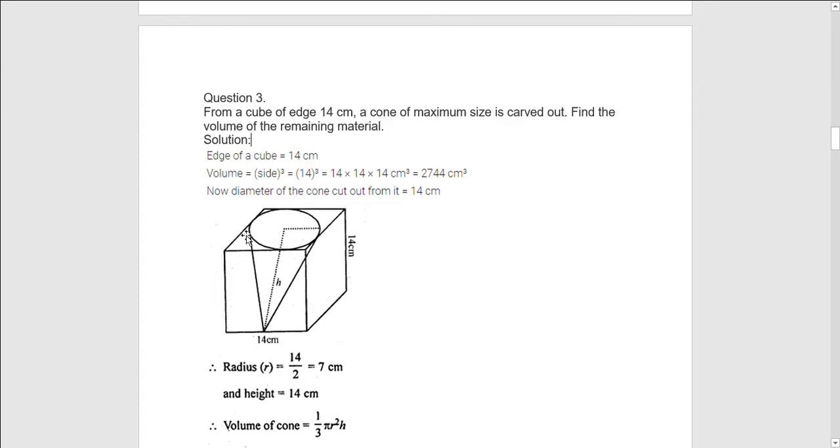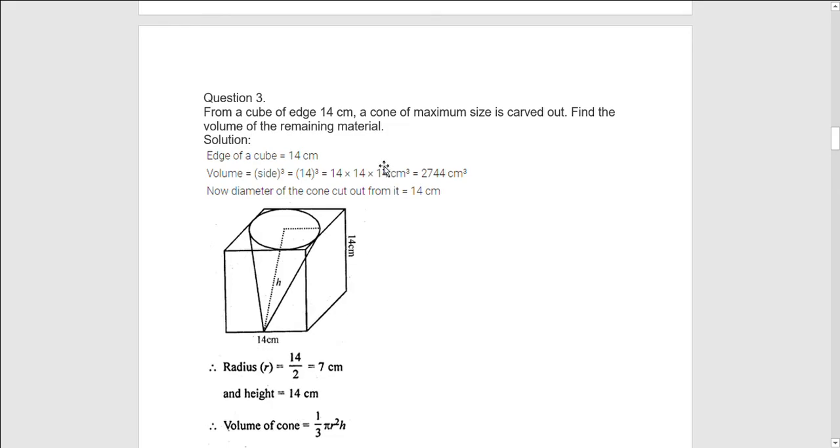See the cone, it is shown here. So what is the radius of the cone? Base 14, side of the cube is 14. So half of 14, radius is 14 upon 2 is 7 centimeters. And the height is equal to one of the sides. So height of the cone is 14 centimeters.